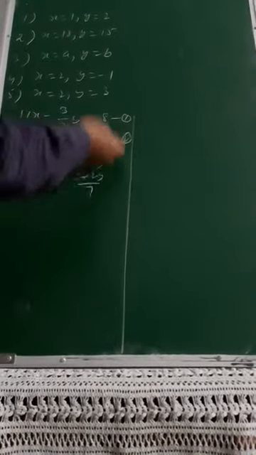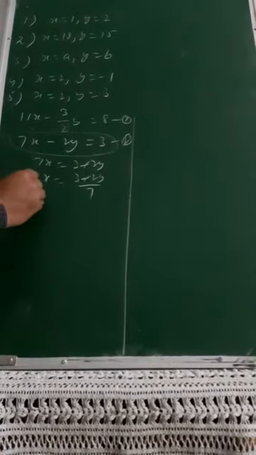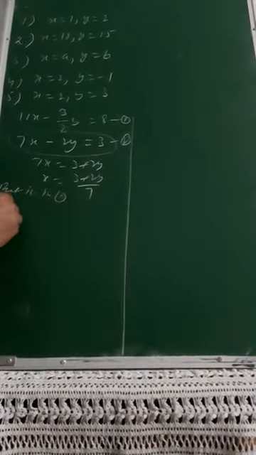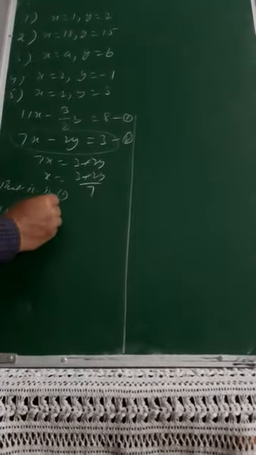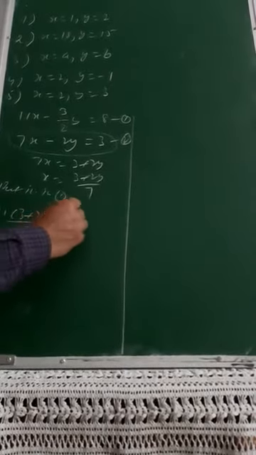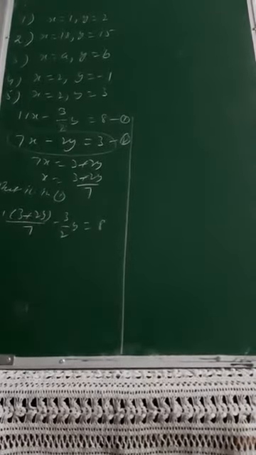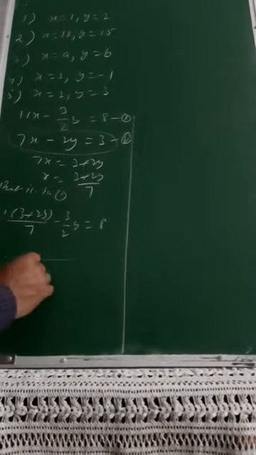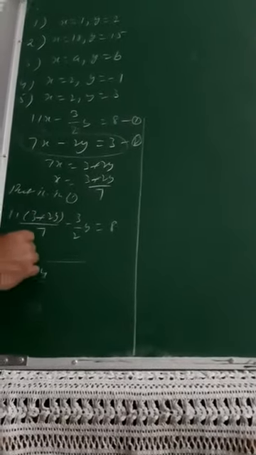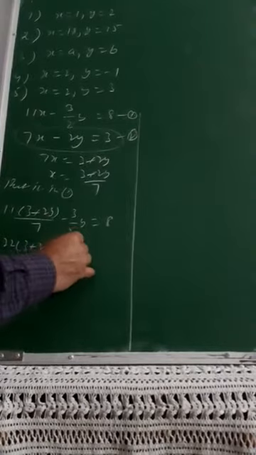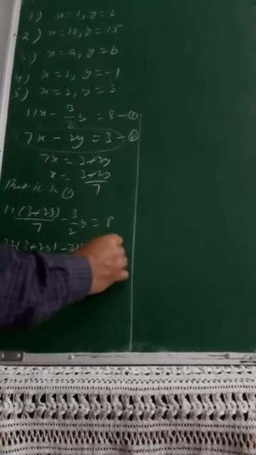So when I put it in 1, what happens? This becomes 11 into 3 plus 2y whole upon 7 minus 3 upon 2y is equal to 8. Now you need to take the LCM here, that is 14. So 22 into 3 plus 2y minus 7 3s are 21y is equal to 8.